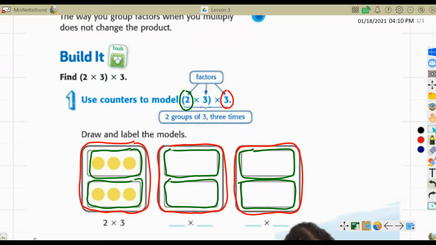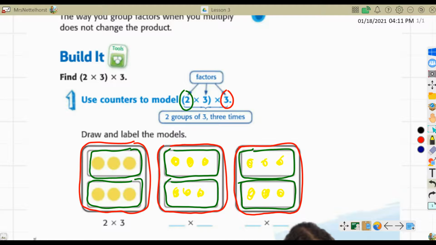I'm going to put 3 yellow dots in my other green boxes. 1, 2, 3. 1, 2, 3. 1, 2, 3. 1, 2, 3. So now I have yellow dots in each of my boxes.